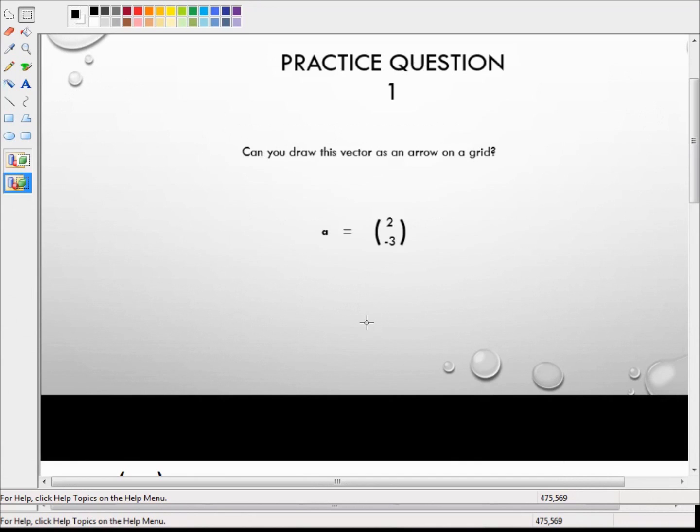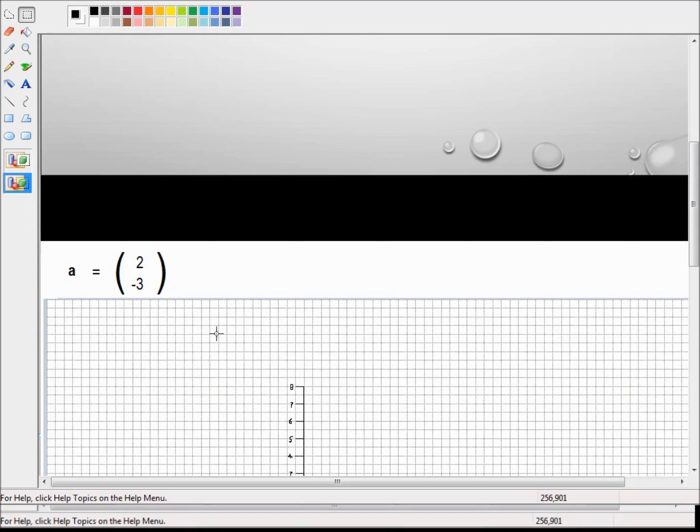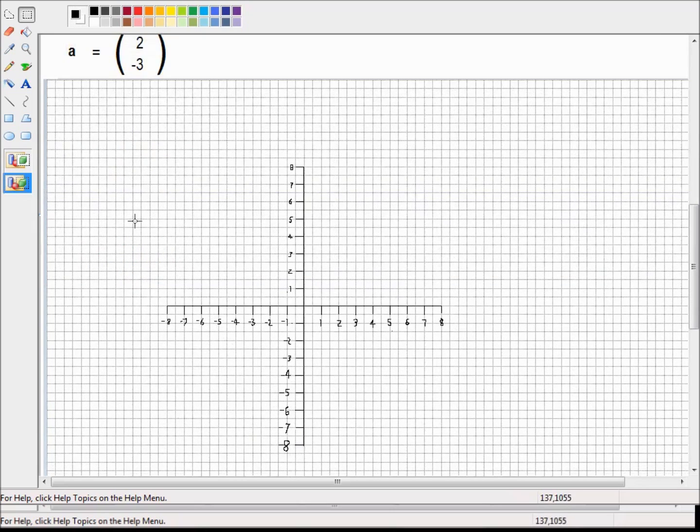Okay, so how did you get on with that question? We're told, can you draw this vector as an arrow on a grid? And the vector is 2 and -3. So vector A is equal to 2 and -3.